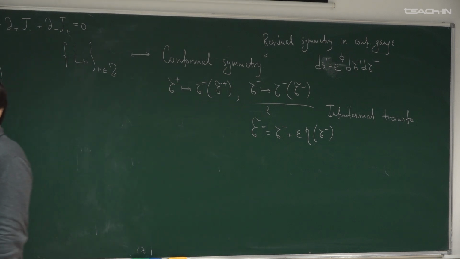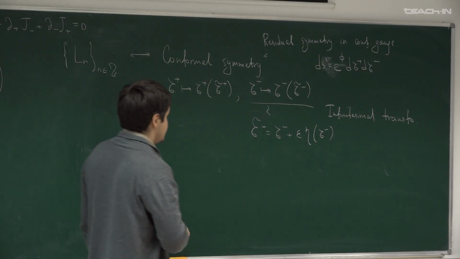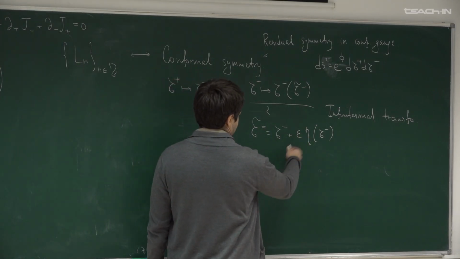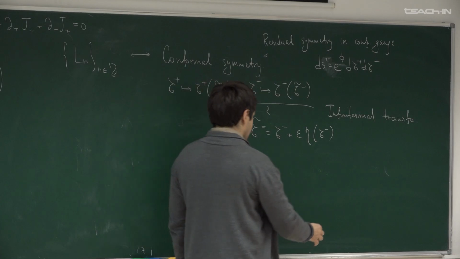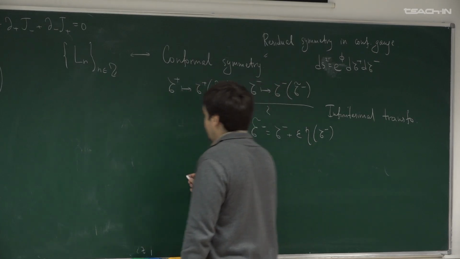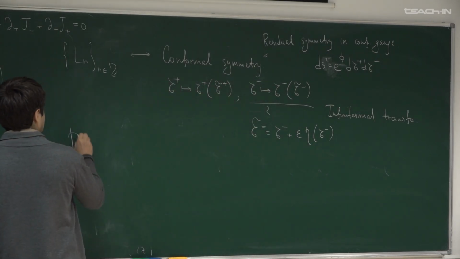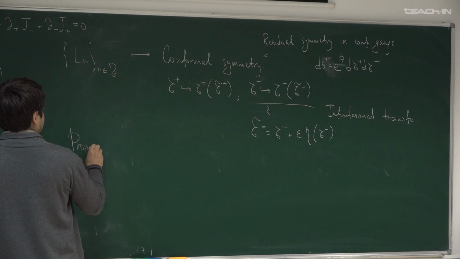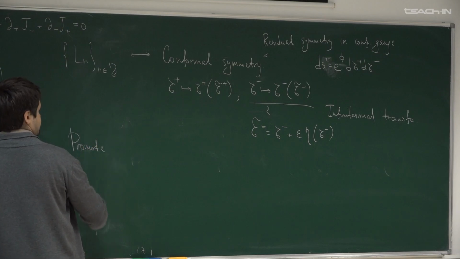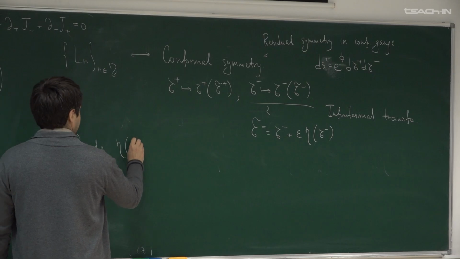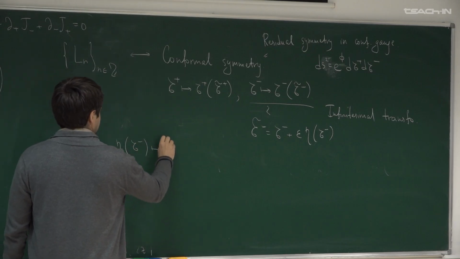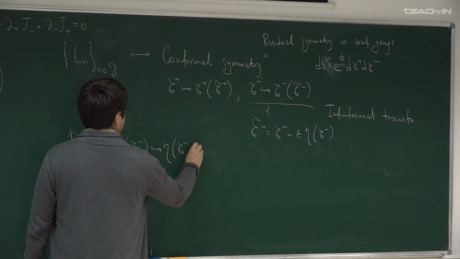And by Noether's theorem, we may still use Noether's method to derive the corresponding conserved quantity. So we should promote eta of sigma minus to eta of sigma minus and sigma plus.